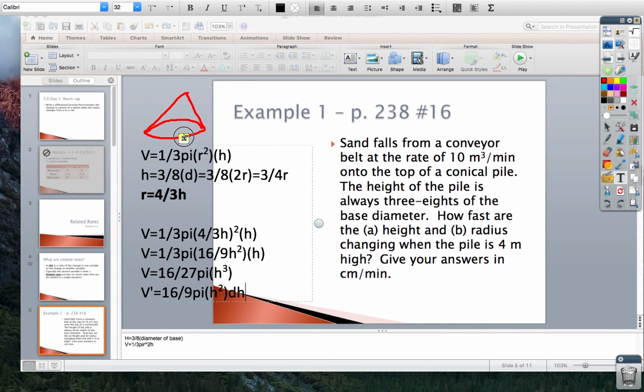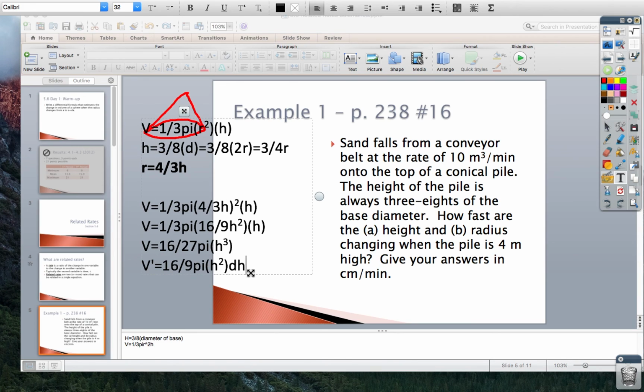Remember, dh is really important now that we're finding derivatives and substituting things in. So we're going to make one extra change to make sure we understand things. Remember, the V prime is your change in volume. It gives you your rate. It gives you how fast something's changing. So we're going to change this to dV/dt. And while we're at it, we're going to change this dh to dh/dt, because it changed with respect to time.